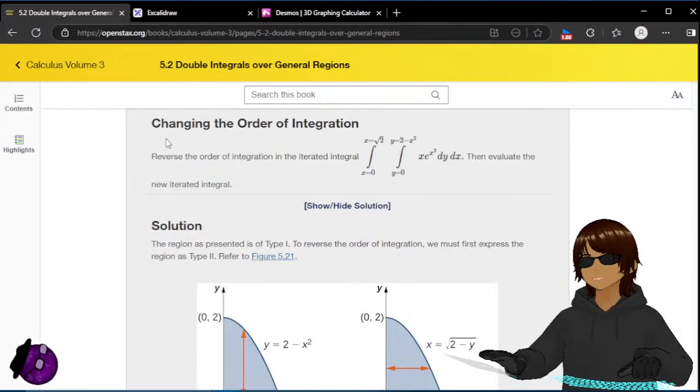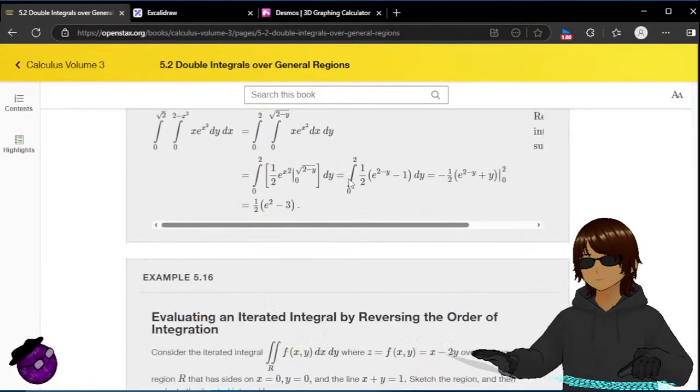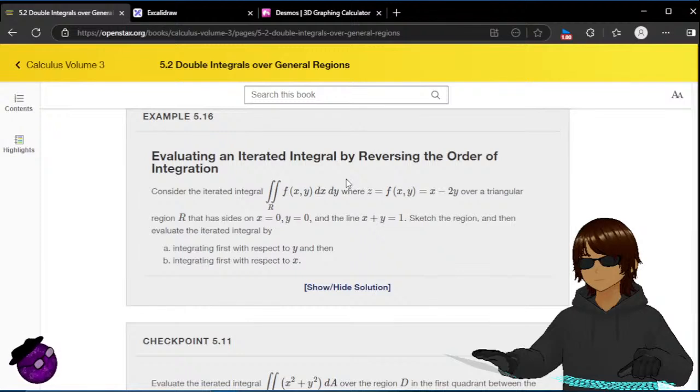We saw reversing the order in the previous chapter, right? Evaluating an iterated integral by reversing the order of iteration.